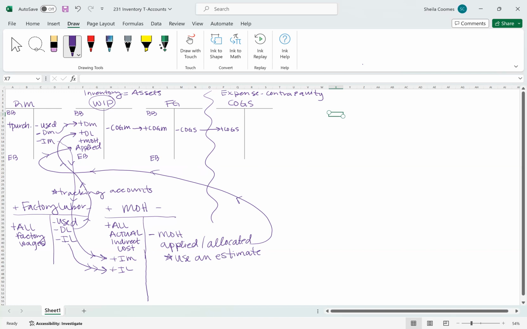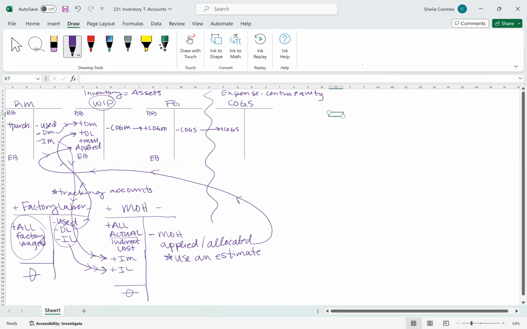So hopefully you can follow all of my lines here. Now, a couple of things I just want to mention. At the end of the day, factory labor, we want that to have a zero balance. Why? Because we want to make sure that all of the labor incurred gets allocated to the jobs or to manufacturing overhead to be allocated. Same thing with manufacturing overhead, but we're going to learn that we don't always know what the actual costs are going to be.